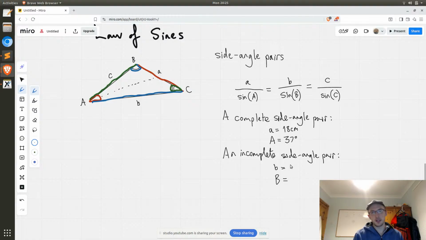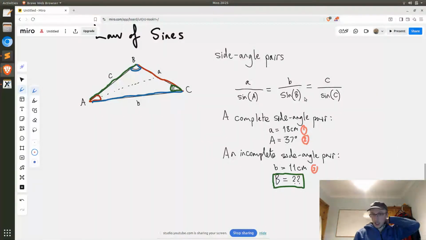For example, let's just pretend that I know the side of length B, but I don't know the size of angle B. Then I can complete this, and I can actually find this out based on these three bits of information, and the sine rule. I can actually work it out.